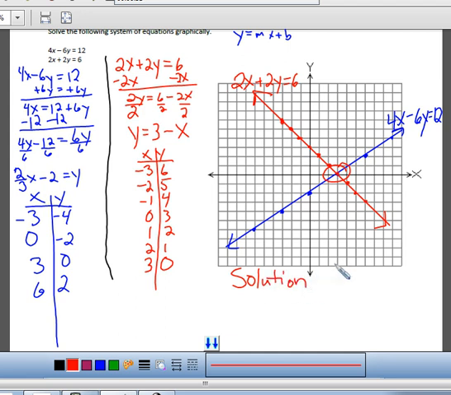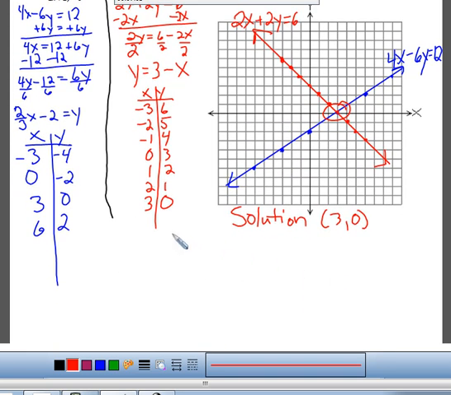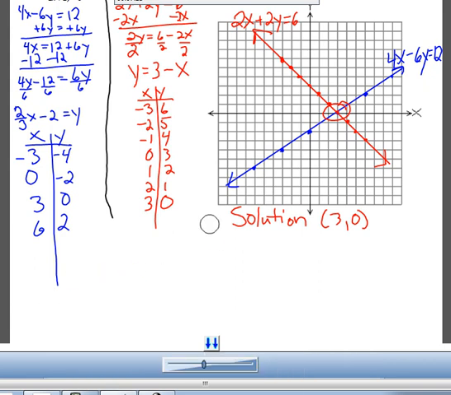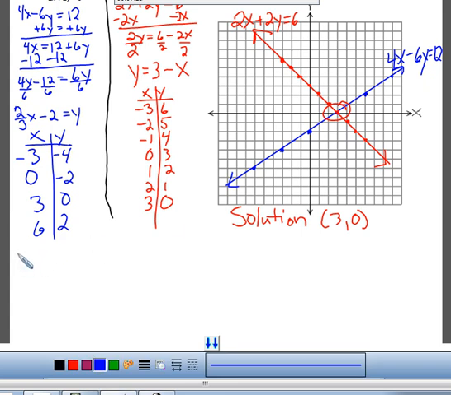There's one solution for this. It's 3, 0. Now, yes, you need to do the checks. I'll bump this down a little bit. So remember with the checks, put it right over here underneath all the work for the appropriate section.